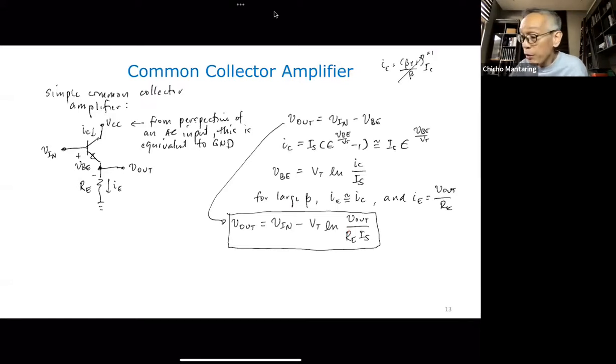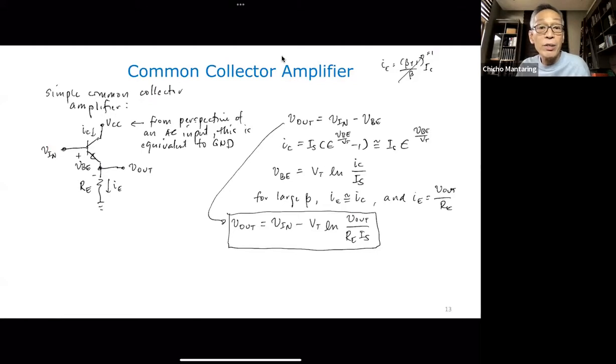Now we know that this transistor will not start conducting until V in overcomes the forward conducting voltage of the transistor, which is about 0.7. But just the same, let's use this equation to come up with various values of V out for particular values of V in.